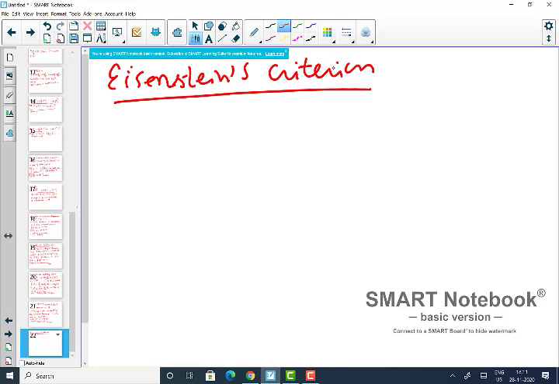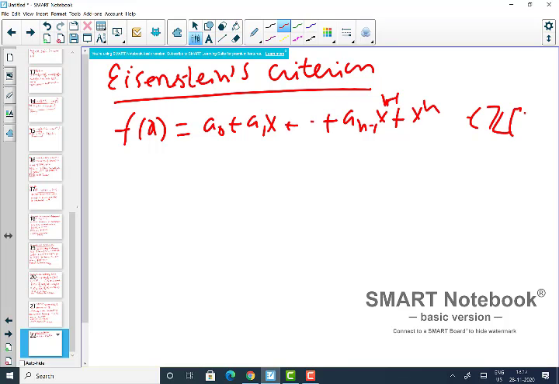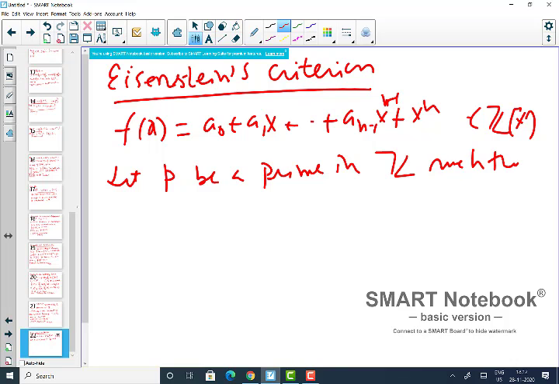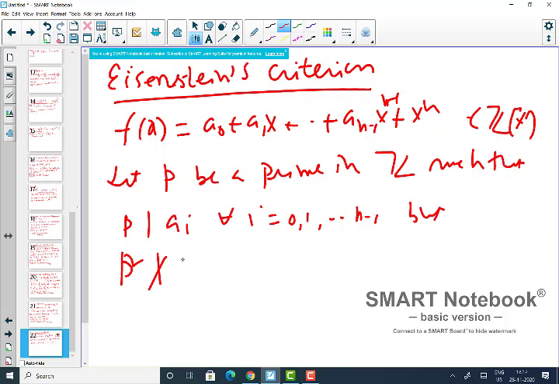So you write down your f(x) equal to a0 plus a1 x plus up to a n minus 1 x power n minus 1 plus x power n, an element of Z[x]. Let p be a prime in Z such that p divides a_i for all i equal to 0, 1, 2, up to n minus 1, but p squared does not divide a0.